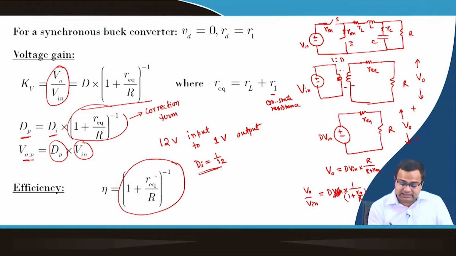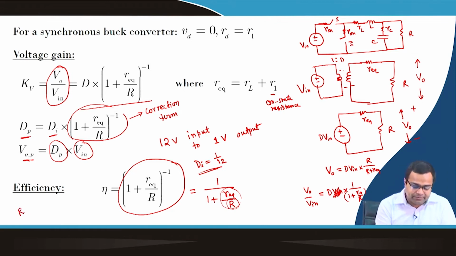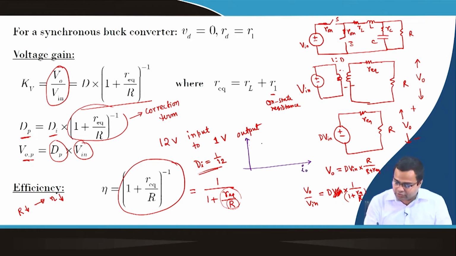You can see the efficiency is 1 by 1 plus R equivalent by R. That means, if the load current increases, R decreases, this term R equivalent by R increases, and as a result efficiency decreases. So, for higher load current, efficiency decreases, and that is why we discussed earlier that if we consider a load current plot under continuous conduction mode, efficiency will decrease, because this is due to the conduction loss, which can be modeled by this equivalent resistance.